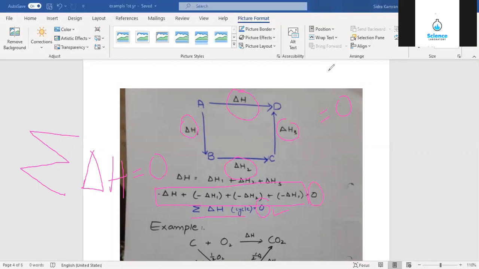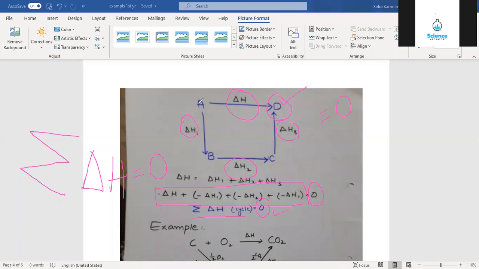The basic methods we use to calculate the enthalpy change are the glass calorimeter and the bomb calorimeter, but for all chemical reactions you cannot calculate enthalpy by them. So for those you use this type of method. If you are not able to calculate the enthalpy change of D by a glass calorimeter or a bomb calorimeter, how can you calculate it?